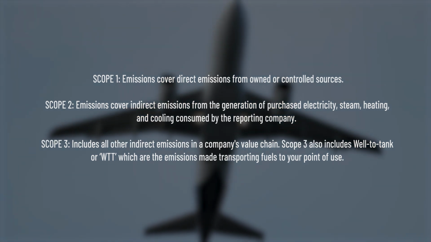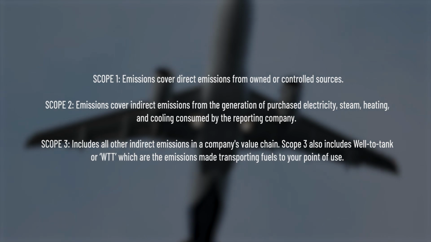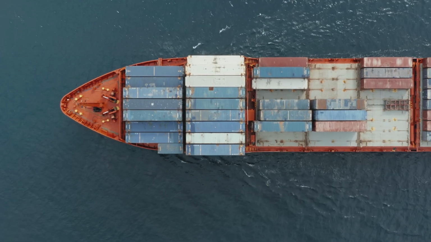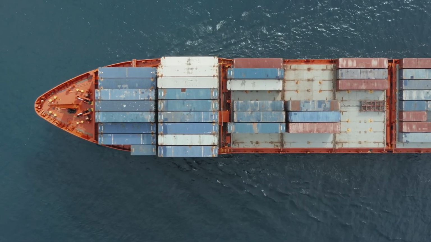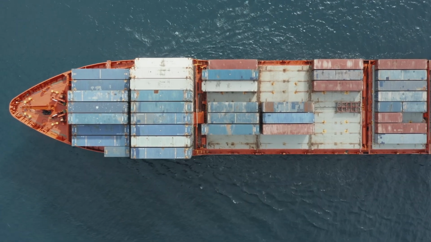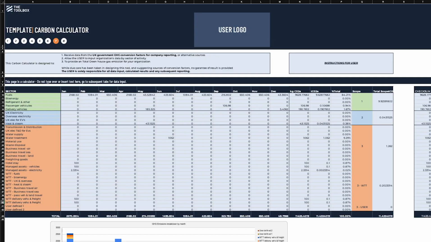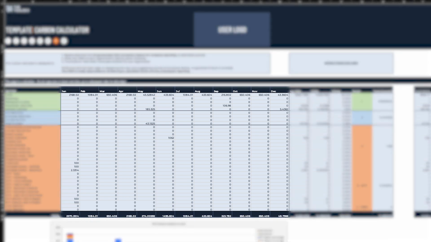Scope 3 also includes well to tank, or WTT, which are the emissions made transporting fuels to your point of use. Our calculator also leaves space for you to define additional criteria for tracking. Columns B to M track your month-by-month consumption for the different emissions activities, and are again informed by the information provided in the tabs at the bottom.